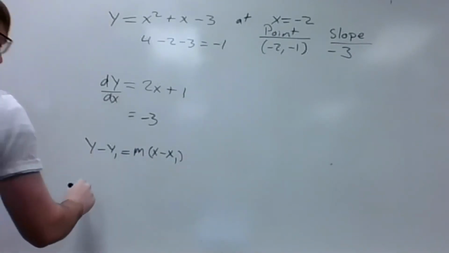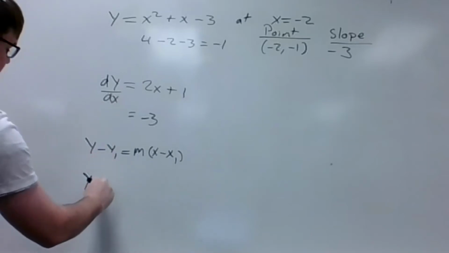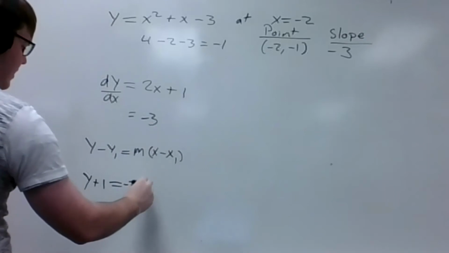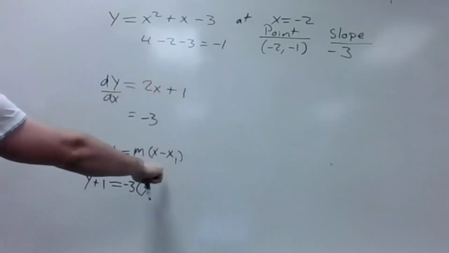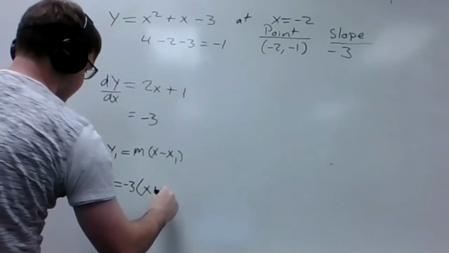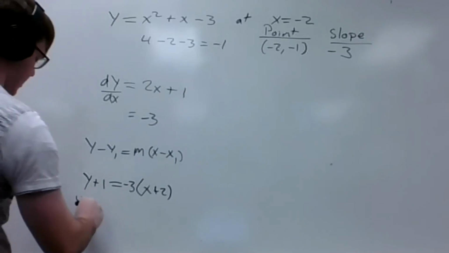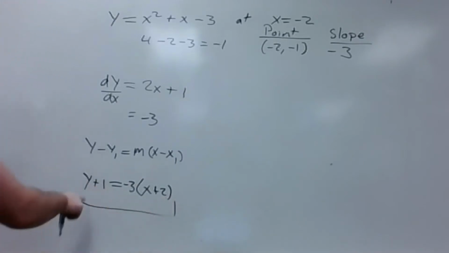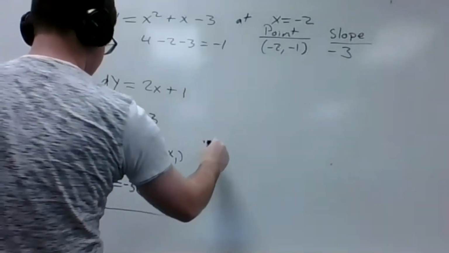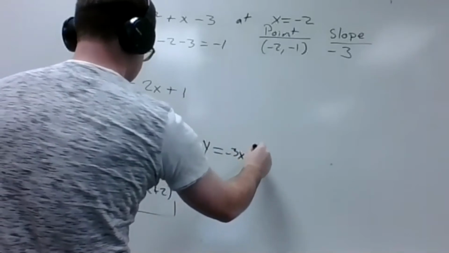So we'll have y minus -1, which changes to a positive, equals -3, because it's a slope, times x minus x1, which is -2, so it'll change to a +2. And that could be our answer. We could leave it in this form, or you could simplify it so it's written like this: y equals -3x minus 7.